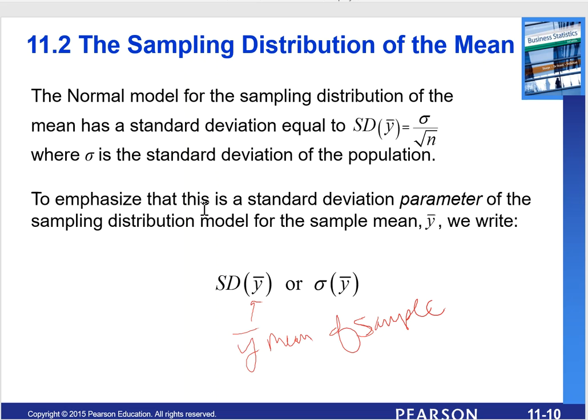So this is what we use to write the sampling distribution. The sampling distribution standard deviation is just the standard deviation of the original divided by the square root of the sample size. This is exactly why when I went from having a sample size of 5 to having a sample size of 20, my spread, my standard deviation, got smaller.